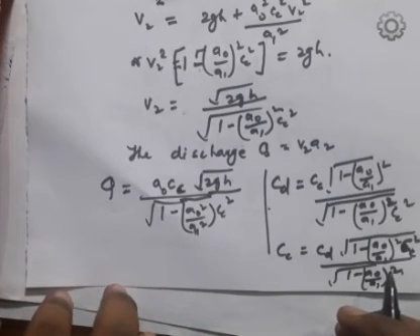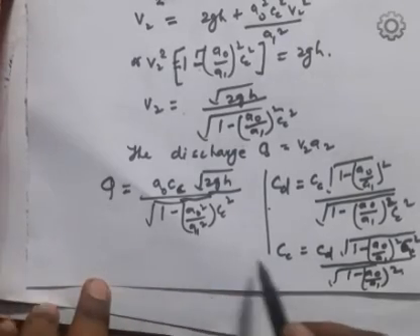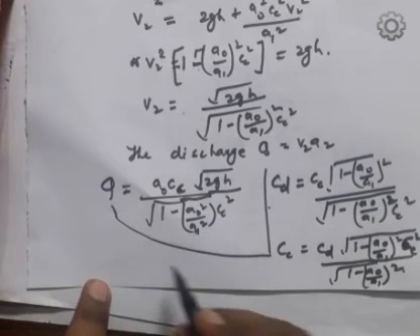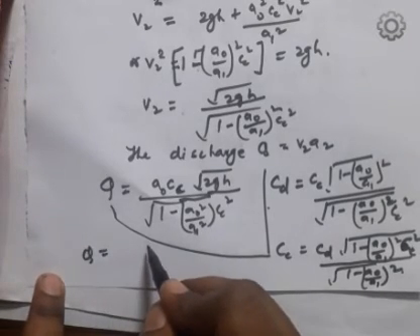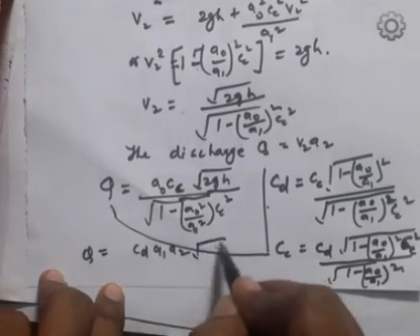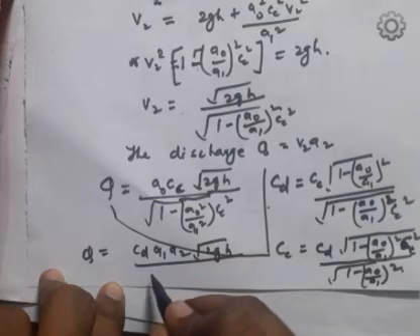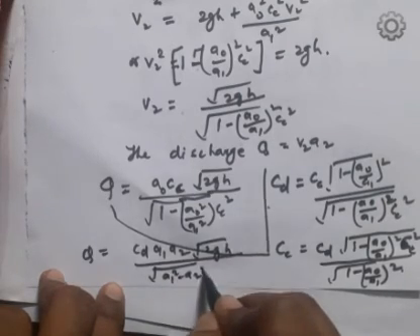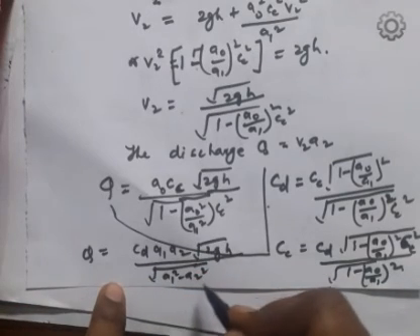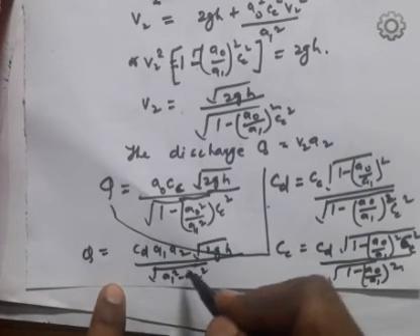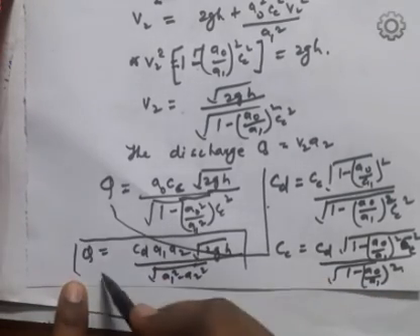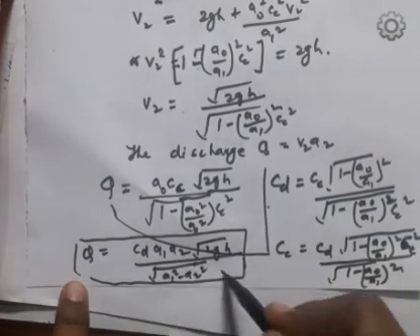So putting the value of Cc in this equation, we can get Q is equal to CD A1 A2 root 2gh by root under A1 square minus A2 square. By simplifying these two equations, we can get the discharge formula, and CD is the coefficient of discharge through orifice meter. So this is the formula for discharge.